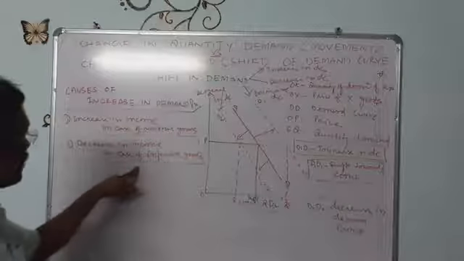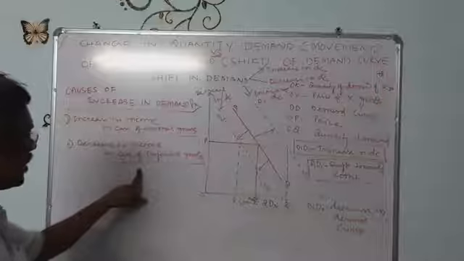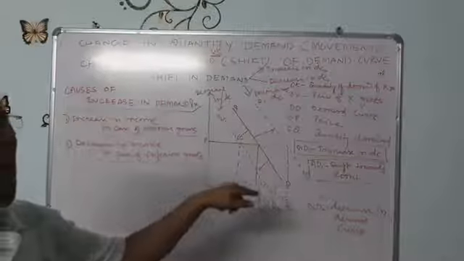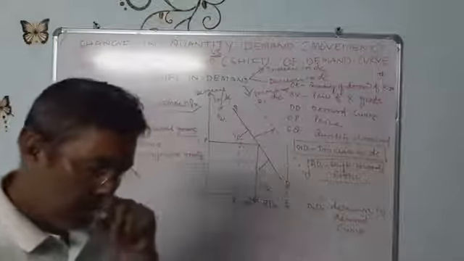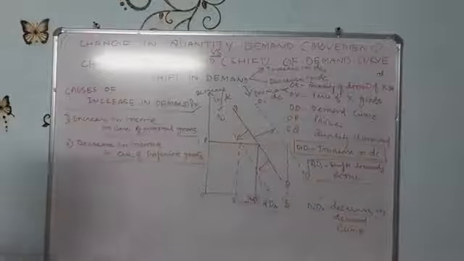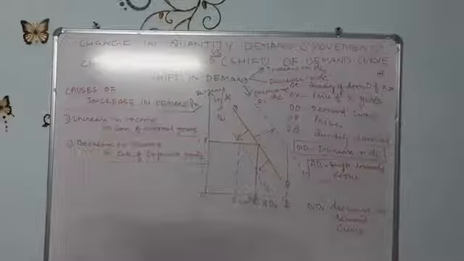In case of inferior goods, he will demand more cigarettes. That is why decrease in income in case of inferior goods.